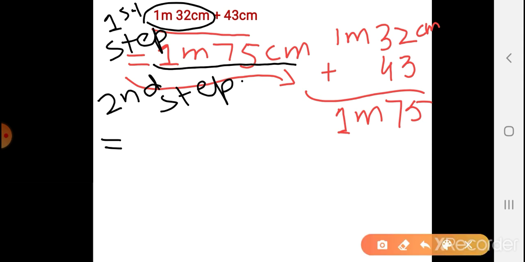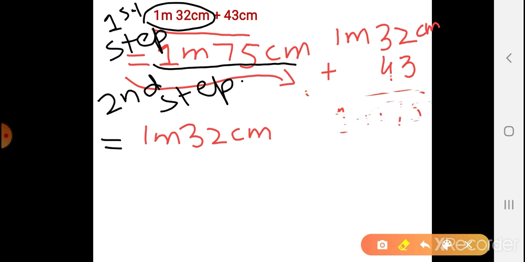Let's add 1 meter 32 centimeters and the height of Jack's father, that is 1 meter 75 centimeters.